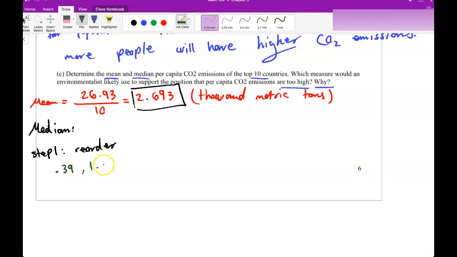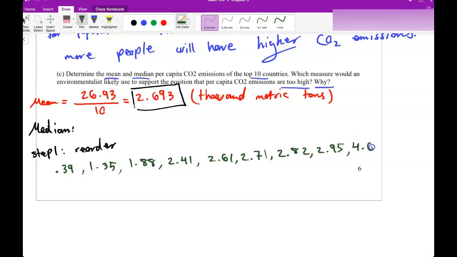Then we have 1.35, 1.88, 2.41, 2.61, 2.71, 2.82, 2.95, 4.61, and 5.20.